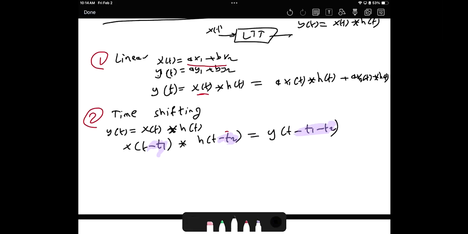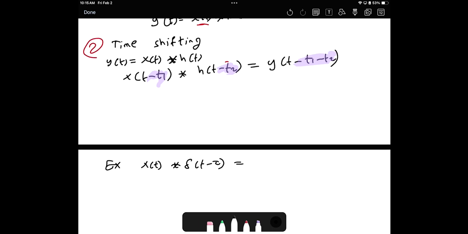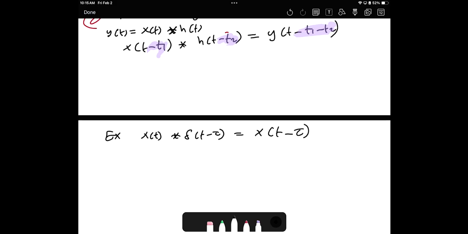Here's an example for the time shifting. Assume you have x of t convolved with delta of t minus tau. This yields x will remain as x, then it will be t, then you will put minus tau. So here, whenever we have x of t, we make a delay by tau.